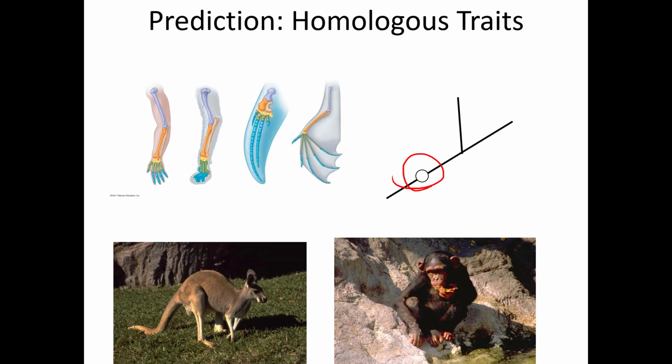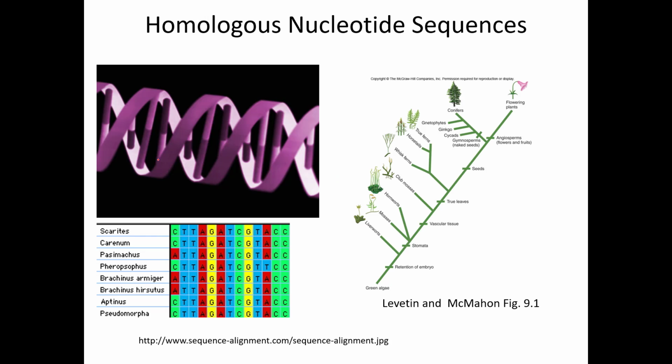Now, we modify them in different ways in these different critters, but we all share them. We, once again, would predict that more similar organisms would have more similar DNA. And we can see that. Homologous nucleotide sequences. Remember, nucleotides are A, T, C, and G. We see more similar DNA in more closely related organisms.